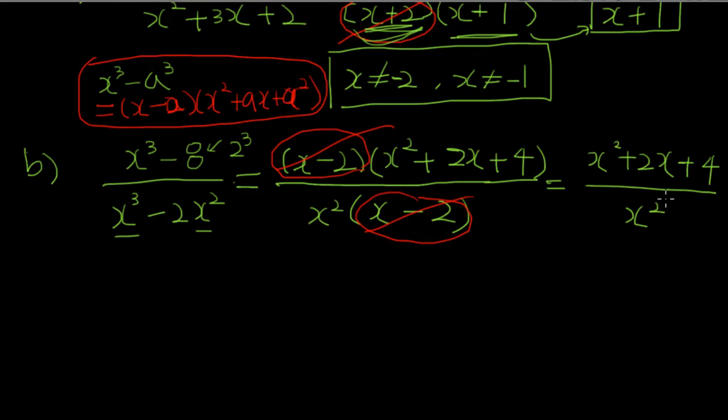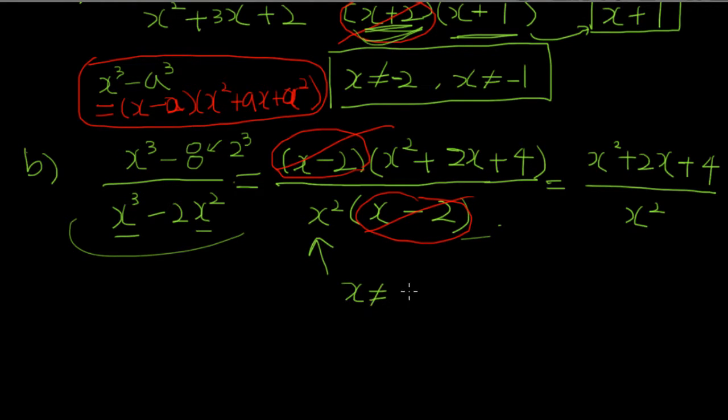Now this is a fine answer, yet we need to mention what particular x value will make any one of these denominators, right here, or here, or here, equal to 0. So when x equals 0, then this becomes 0, and this whole thing becomes 0.